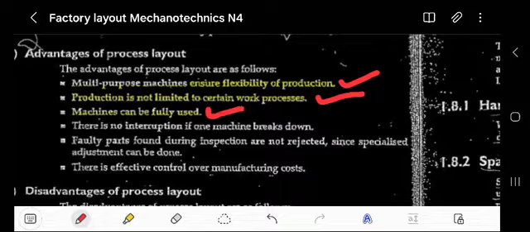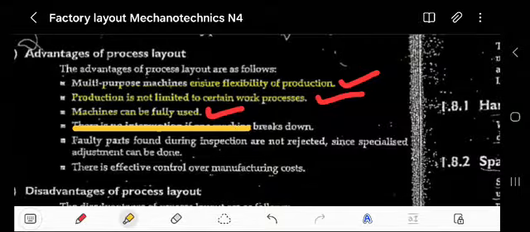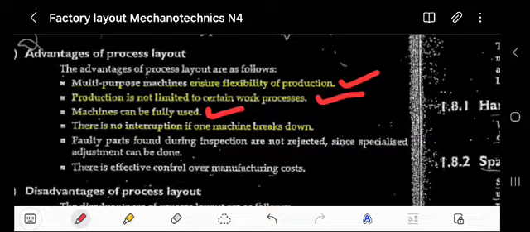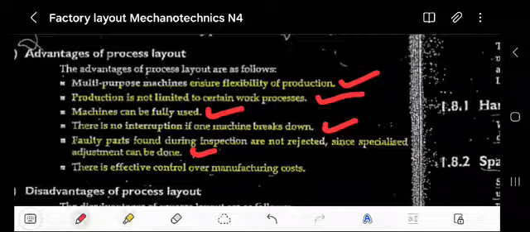You can write this on your exam paper: there is no interruption if one machine breaks down. Faulty parts found during inspection are not rejected since specialized adjustment can be done. Nice point: there is effective control over manufacturing cost.